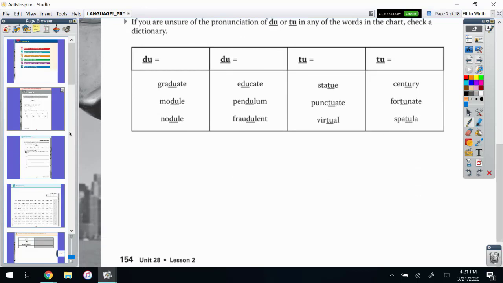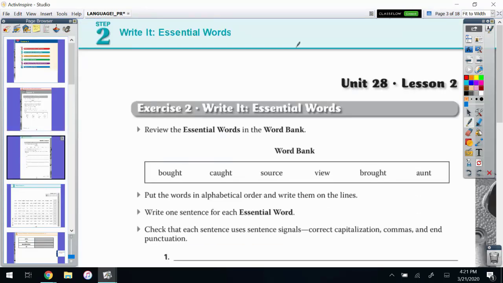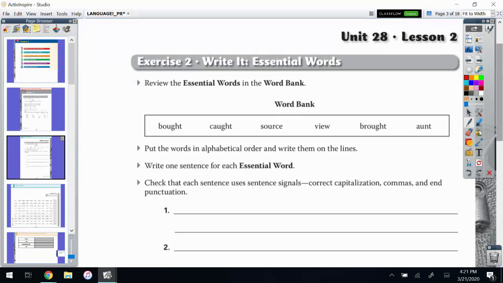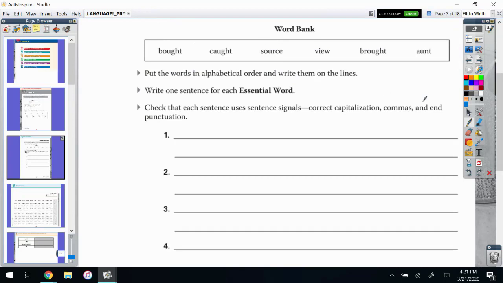Nice work. Now we're going to move on to the second part of this lesson, which is spelling and word recognition. Our goal in this part is to spell high-frequency words in context. Look at the words here in the word bank. Our words are bought, caught, source, view, brought, and aunt, or some people say aunt.